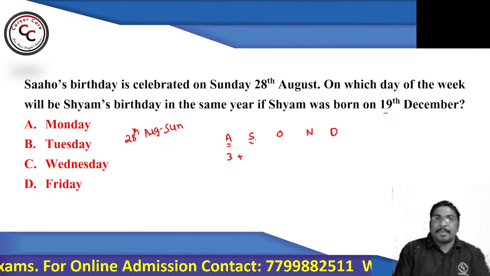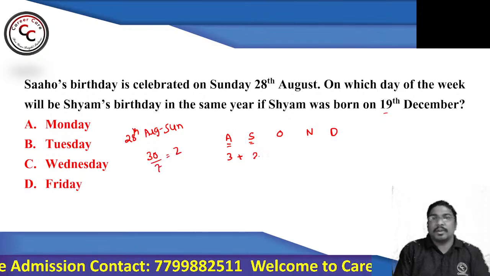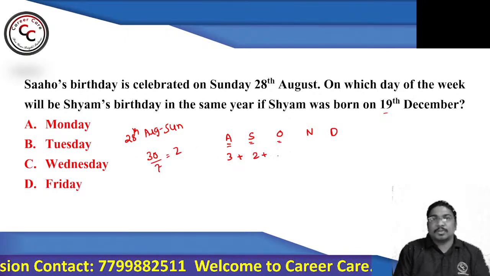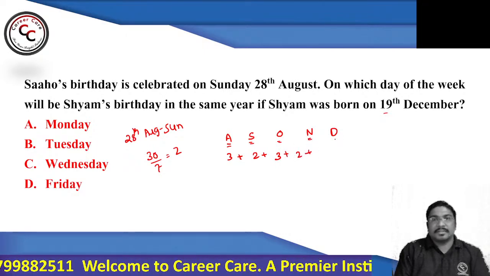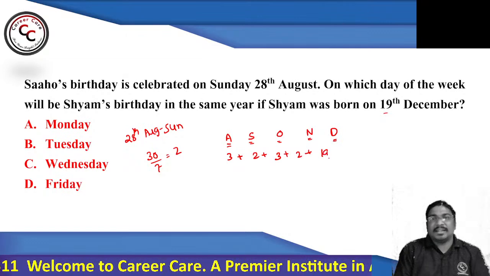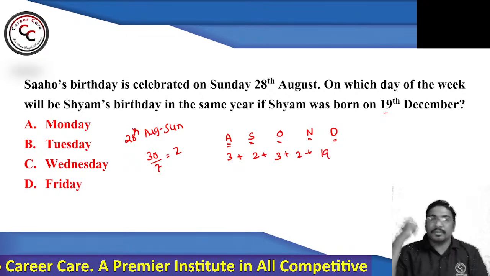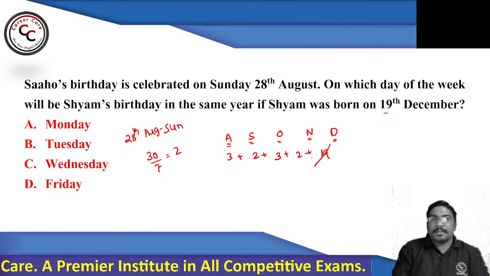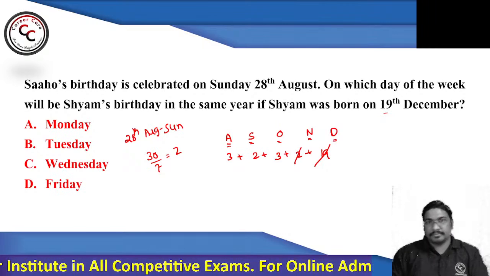Similarly, September consists of 30 days. So 30 by 7, how many odd days? 2 odd days. Similarly, October 3. November 30 days, 2 odd days. December you can pick 19. You can strike off the numbers which are multiples of 7. 19 plus 2, 21, which is a multiple of 7, you can simply ignore.